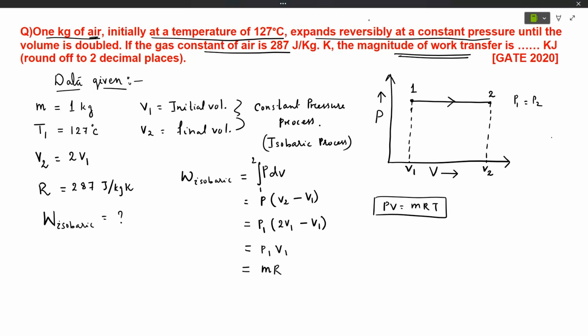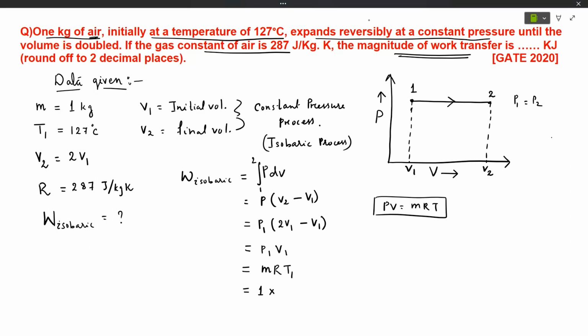See, mass is given, R is given, and the initial temperature is also given in the question. So if you put all the magnitudes here, we get the isobaric work done. Here we consider m as 1 kg times R. R is given as 287 joule per kg Kelvin.